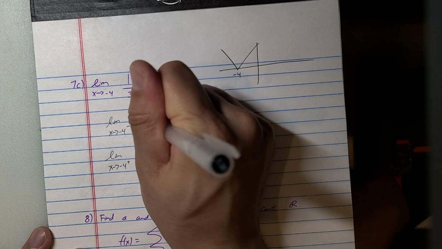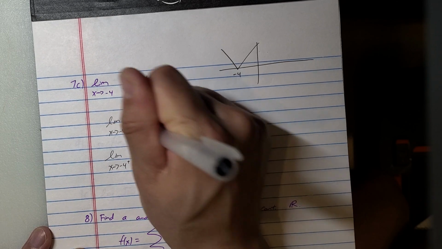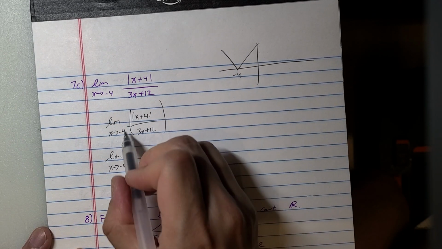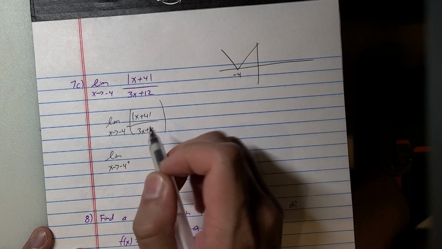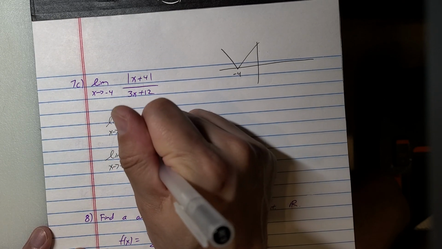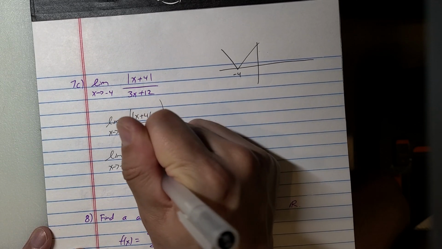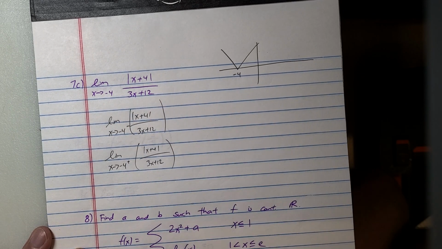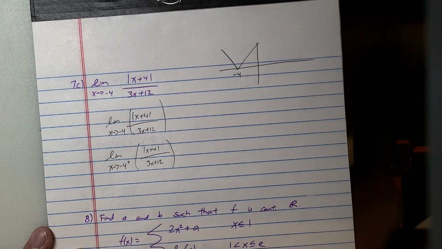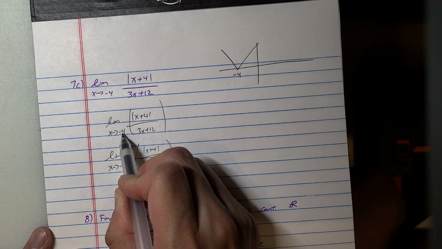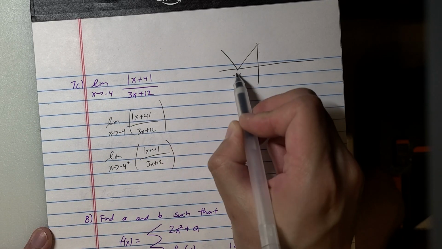Okay, let me write it out once more. 3x plus 12. This minus is with that, so don't get confused with my messy handwriting. Okay. So, as I said, as we approach minus 4 from the left, is this side.